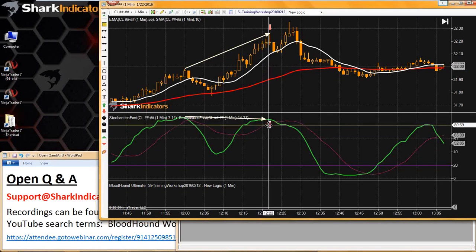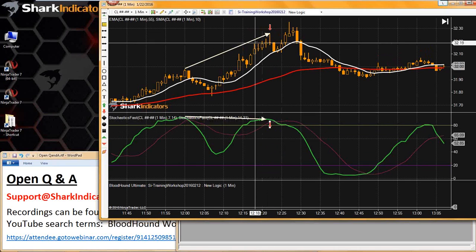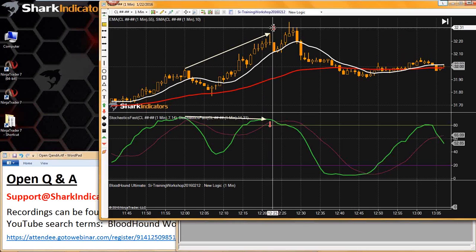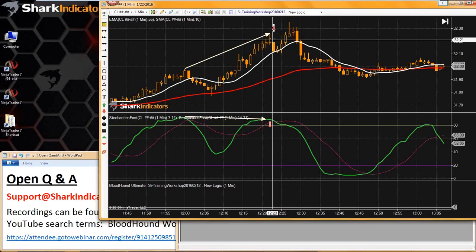So the question is, if your divergence indicator tells you there's a potential short divergence coming up, how do you block long signals?